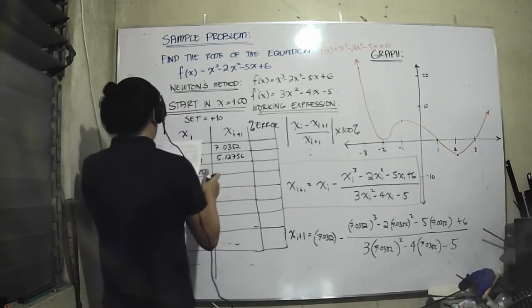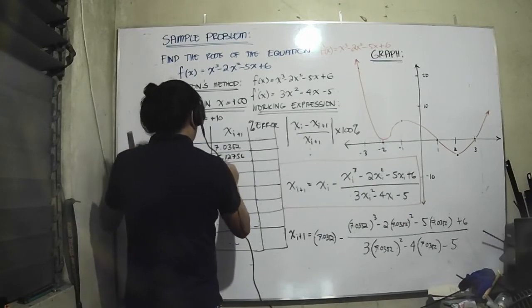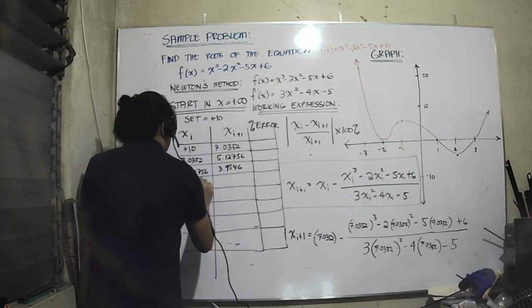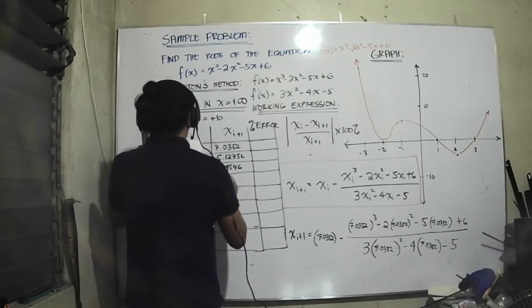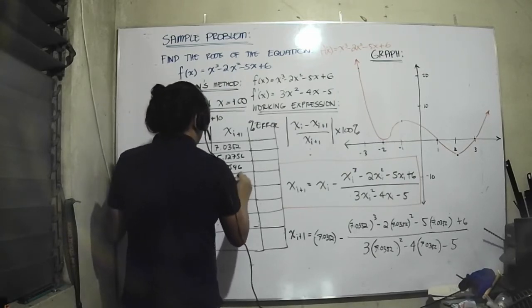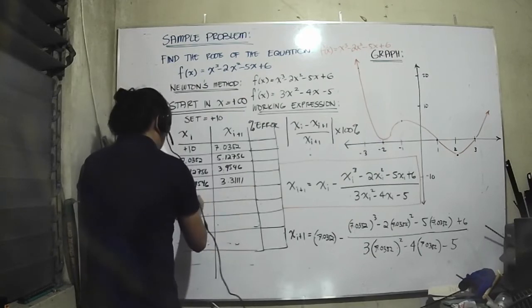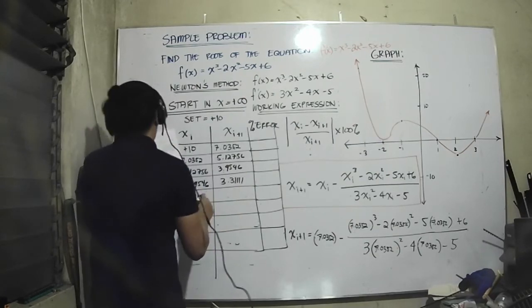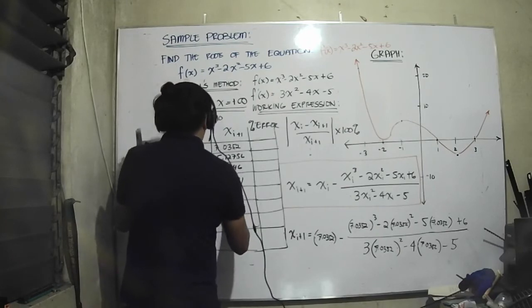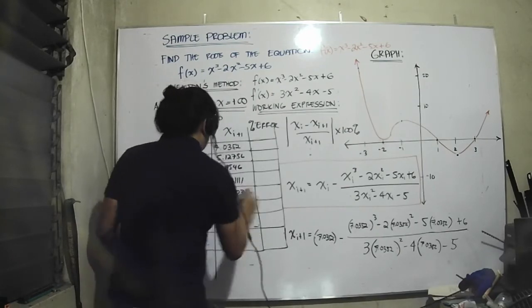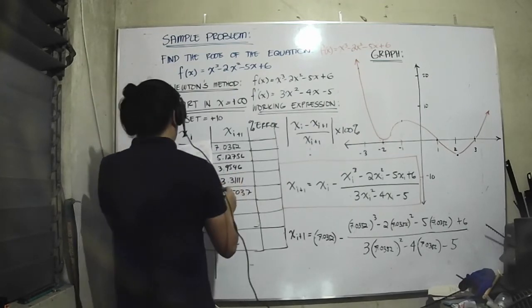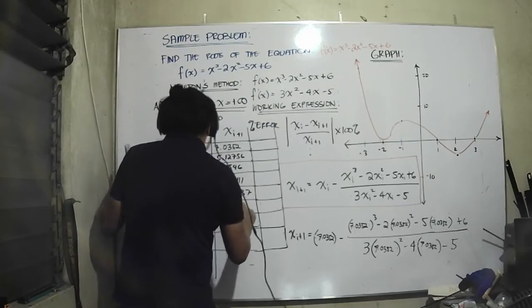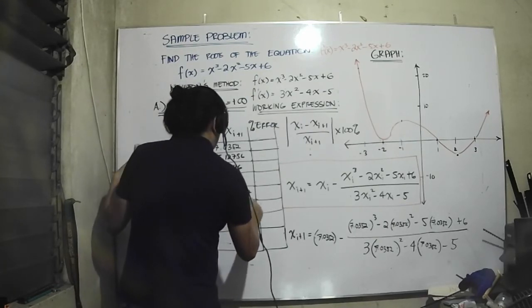Next we get 3.9546. 3.9546 becomes 3.3111. 3.3111 becomes 3.05037. 3.05037 becomes, next, 3.00168.